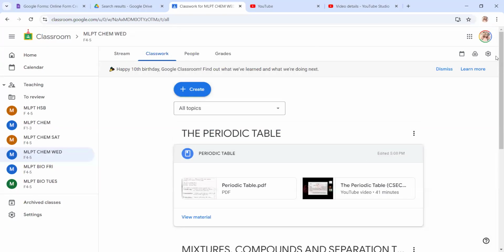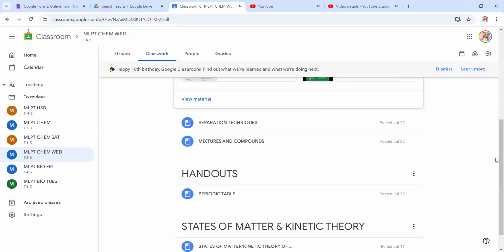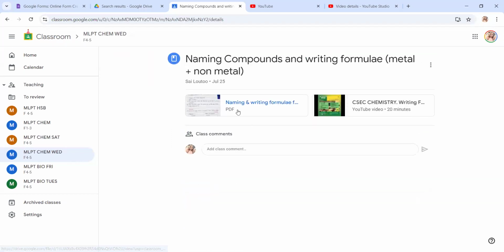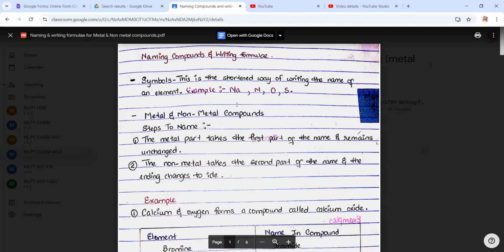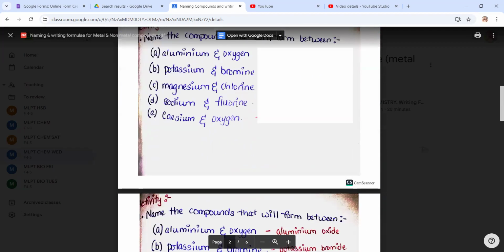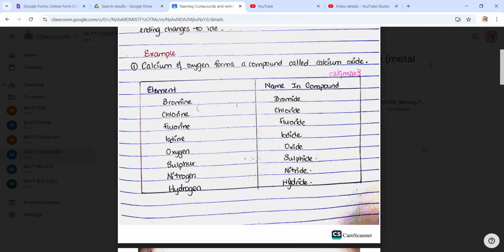We had done some writing formulae, naming compounds and writing formulae. I have a bit of notes here, right? So this is a metal and non-metal. We're using this here as a guideline to come up with a formula for magnesium chloride, right?